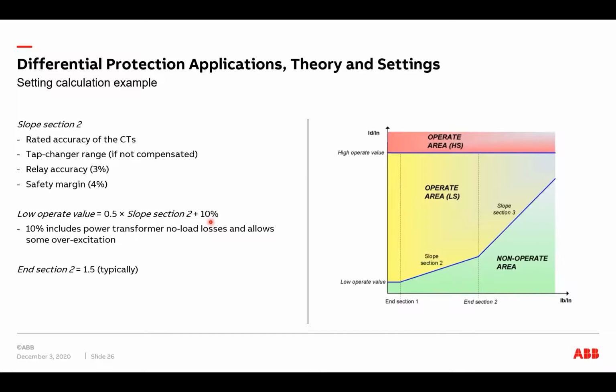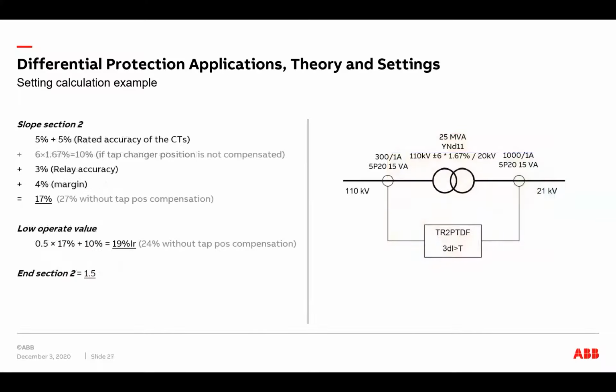And this allows for some overexcitation in the power transformer. For end section 2, we use our recommended setting, which is 1.5.